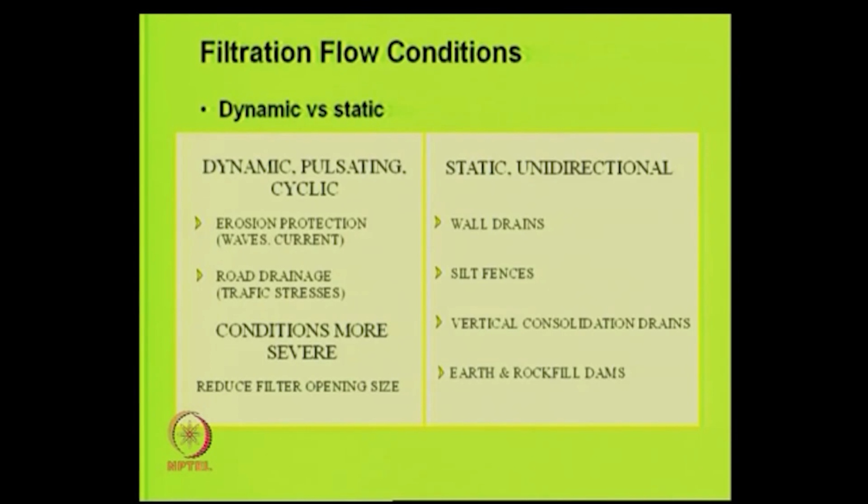There is another important point that we should understand: there are two types of flows, one is static and the other one is dynamic. What is a dynamic flow? The dynamic flow is nothing but cyclic, pulsating, like in the case of waves or high forces, whatever it can be, and in some cases it is static and unidirectional. So, where is it dynamic and pulsating?